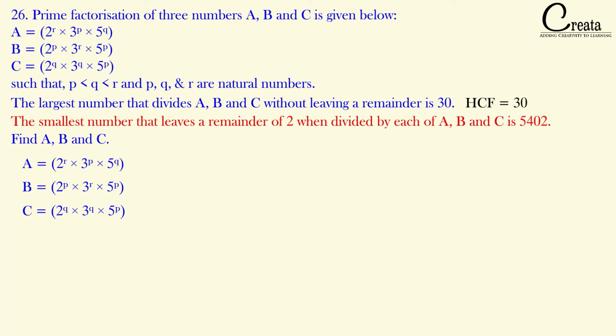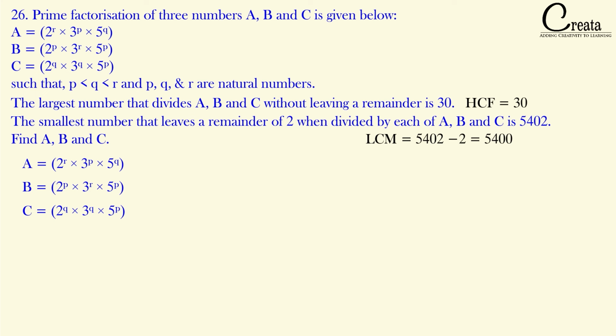Here the hint toward the LCM is given. The smallest number that leaves a remainder of 2, so the LCM will be 5402 minus 2. We have just subtracted the remainder 2 from the number 5402. We got the number as 5400. This is the LCM. Got it? HCF is given as 30, LCM is given as 5400. Based on these two conditions, we have to find the value of p, q and r.